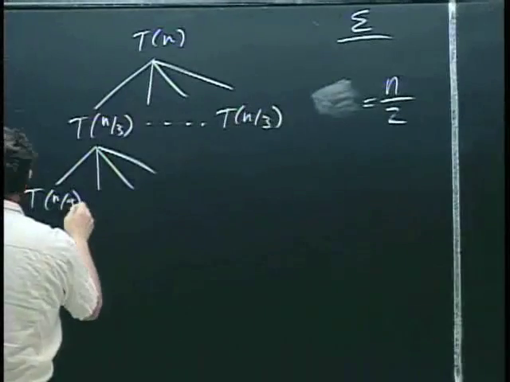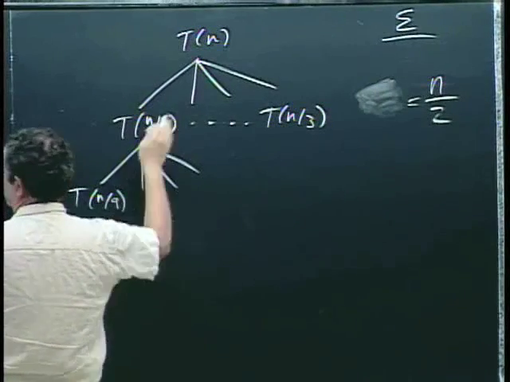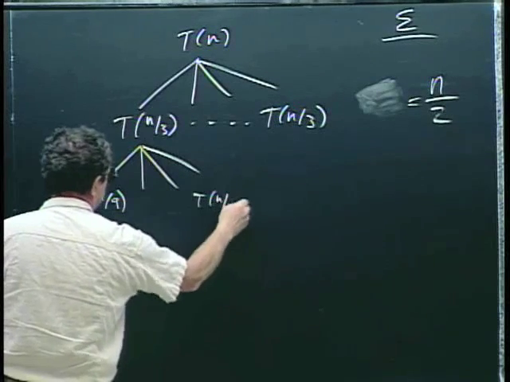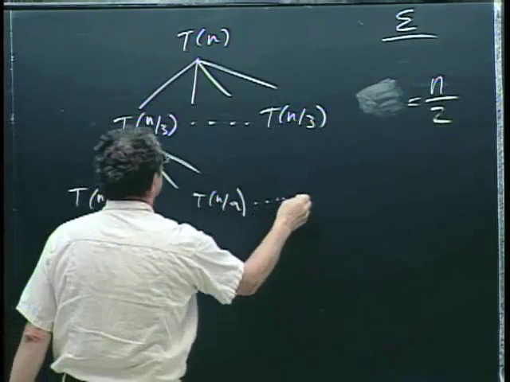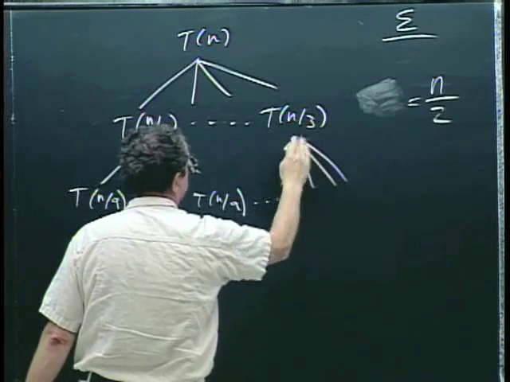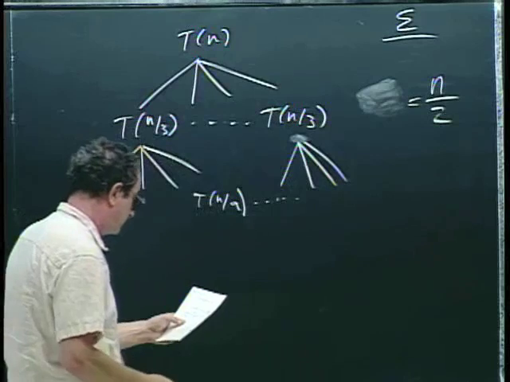So this is now n over 9. And you can see how this is mirroring what we have over there when n was 27. But in general, this is T of n over 9. Okay, and of course, we have one of these for each one of those.